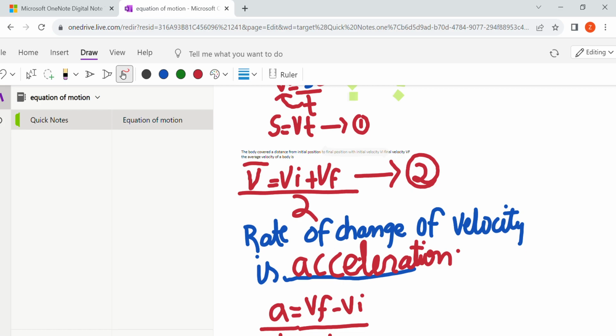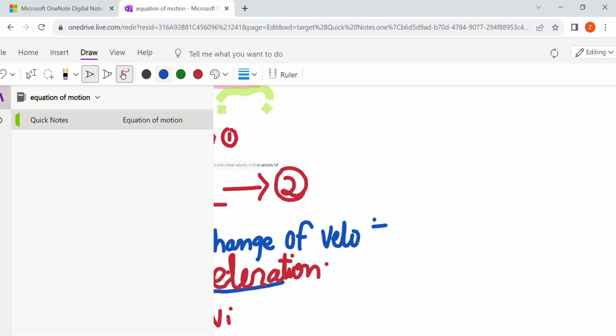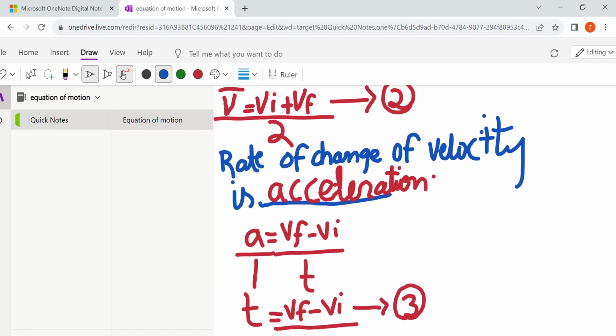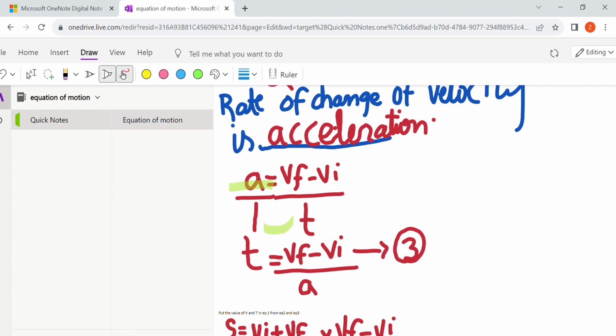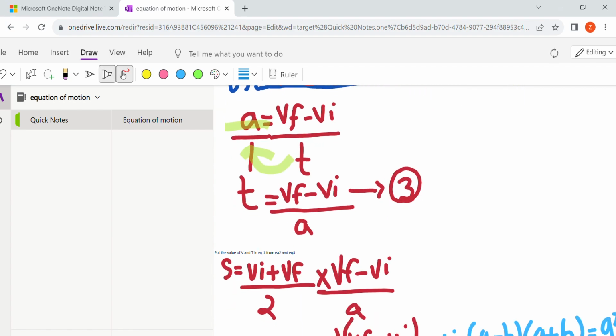Then we know that the rate of change of velocity, I told you upstairs, is known as acceleration. So in place of velocity we are going to place acceleration. We shuffled the places of these two, so that we get equation number 3.